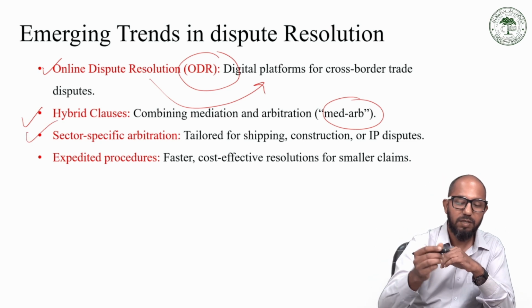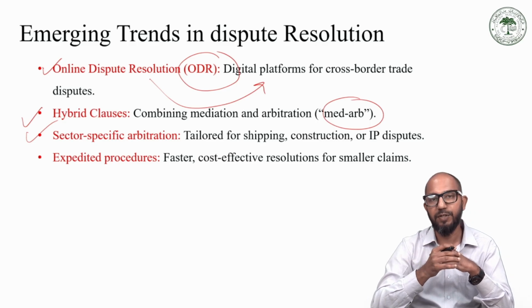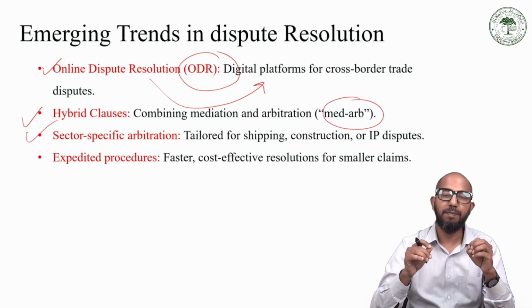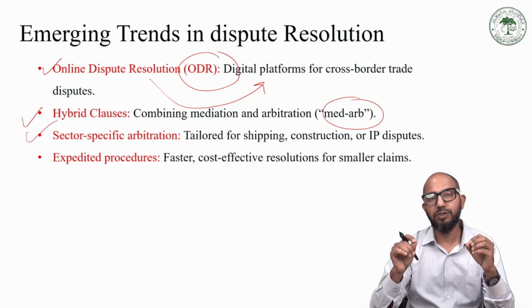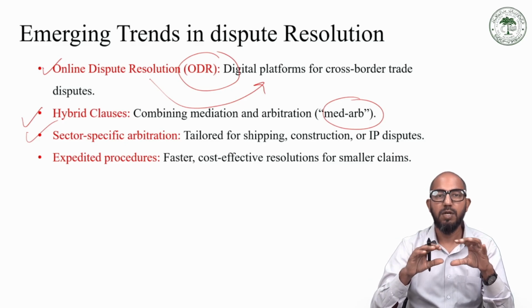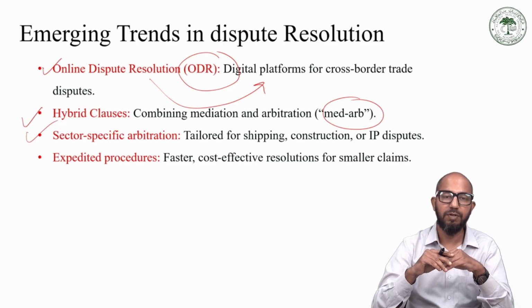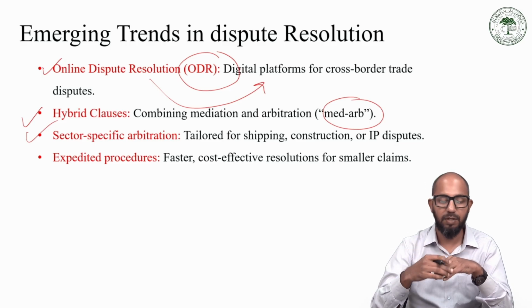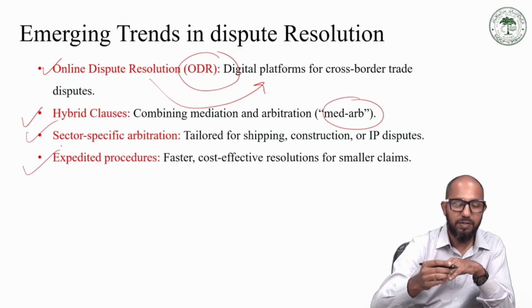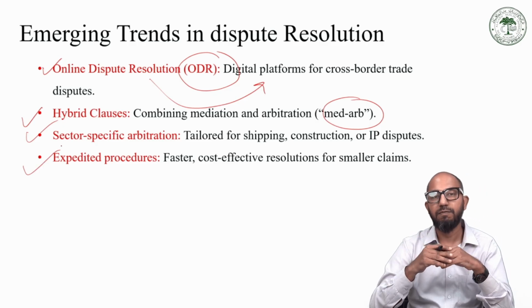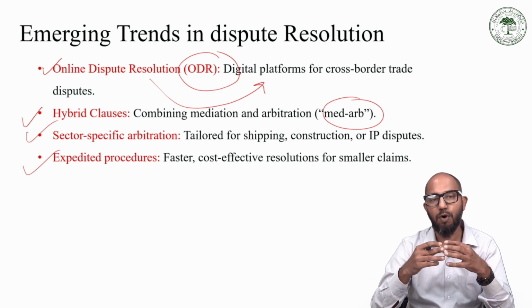The third is sector specific arbitration. These are tailor made for shipping, construction, or intellectual property disputes because the rules and regulations and dynamic nature of these industries are changing very fast. And finally, it is expedited procedures, which are faster, cost effective resolutions for smaller claims.